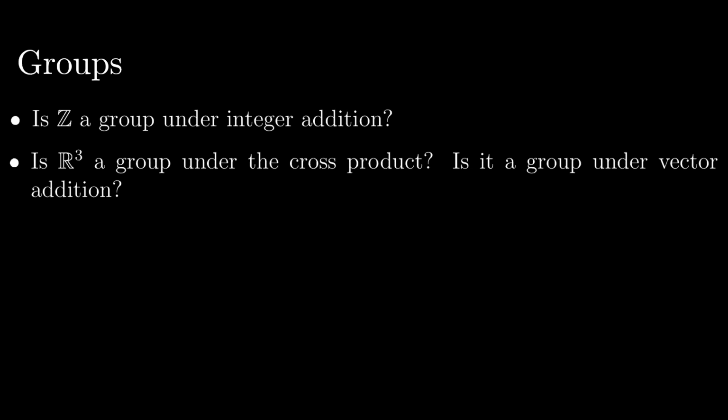It's actually not. Yeah, so the cross product is not associative, and I'll leave it as an exercise for you guys to figure out. But yeah, the cross product is not associative, so this is not a group.